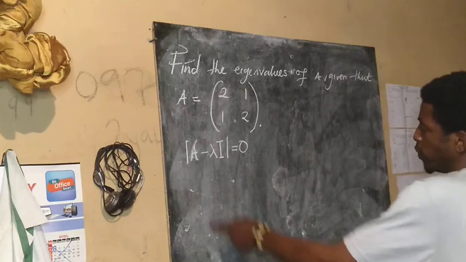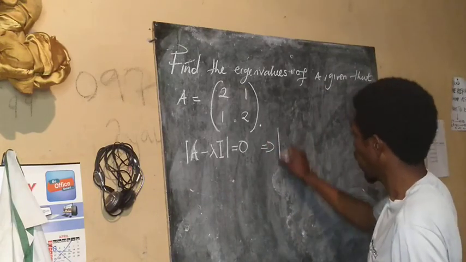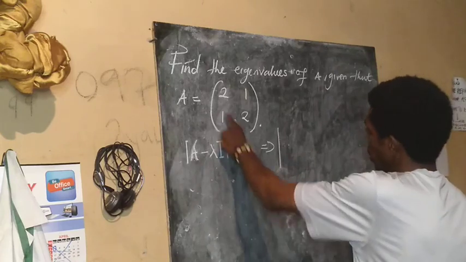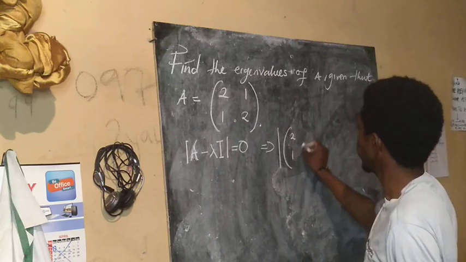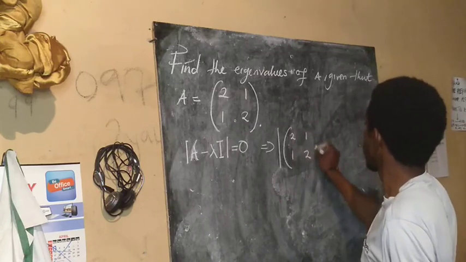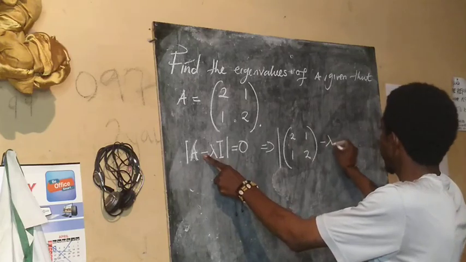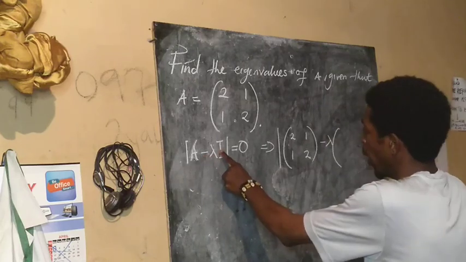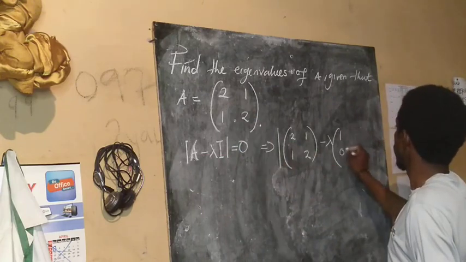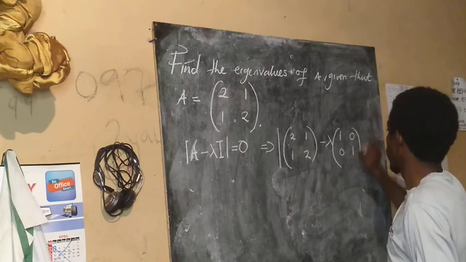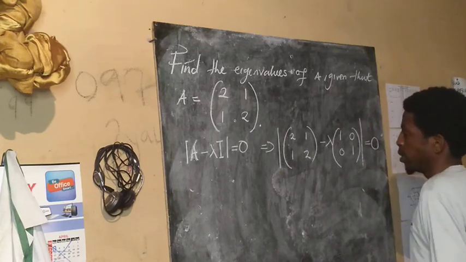Now that we have this, it implies that where there is A, we put this matrix. So we'll say we have matrix 2, 1, 1, 2, minus lambda, open, I is the identity of this matrix, so we have 1, 0, 0, 1. Everything should be equal to 0.